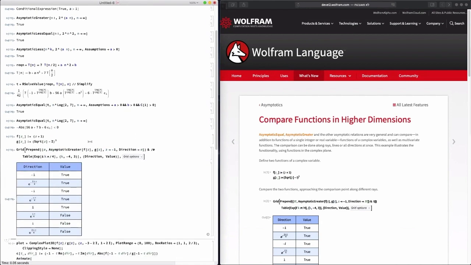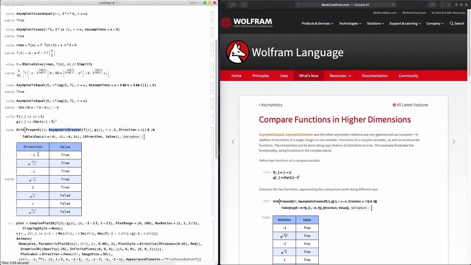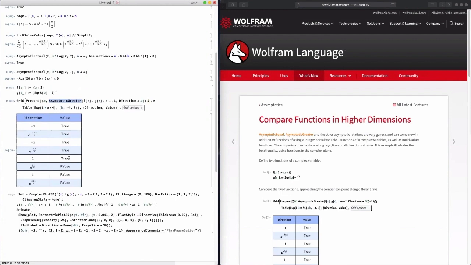So what are we computing? We're computing, is f little omega, is it asymptotically greater than g of z? When we approach in the direction minus 1, it's true. In the direction I, the direction 1, it's true. So all of these, it's true. These three directions, it's false.